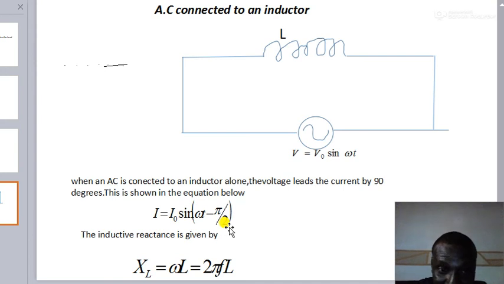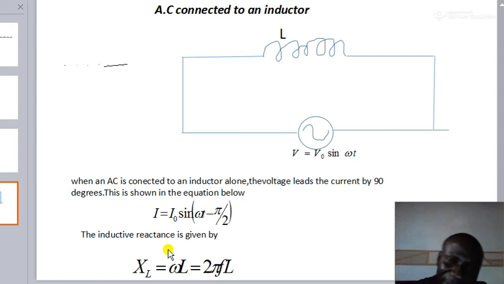And also, after some rearrangement, it is found that the inductive reactance, just like we have the capacitive reactance, which is a property of the capacitor that tends to oppose the flow of current in a circuit, we also have a property of the inductor called the inductive reactance.